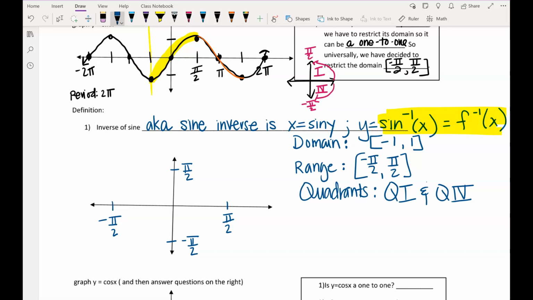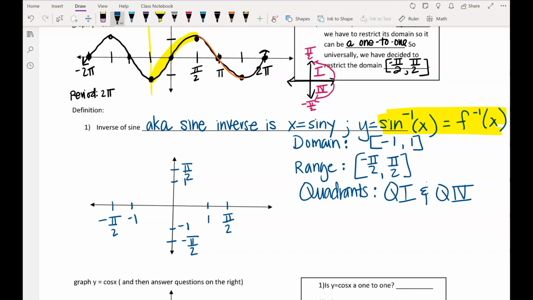How far should we make it from π/2? 1, because we need to make a tick mark for 1. Isn't π/2 about 1.5? So we can make a 1 here and a -1 here, just so we have an idea of where to plot.